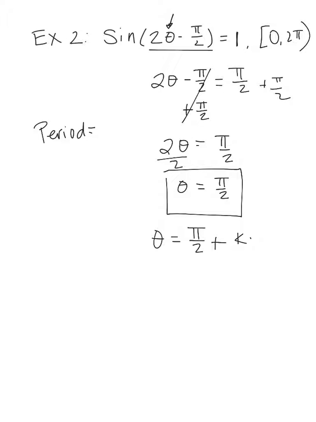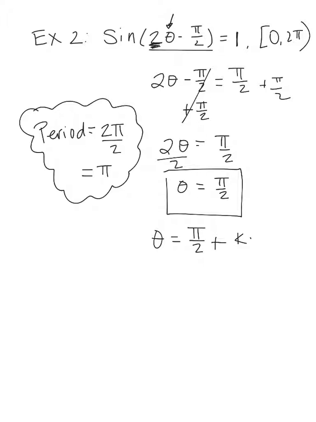Period of sine is usually 2 pi. We go in here and we look at that coefficient of 2, and that's what we're dividing our period by. So now our new period is pi. So to find all the angles, I take the first one plus multiples of the period. This first one would be when k equals 0, and then I get to just add multiples of the period.